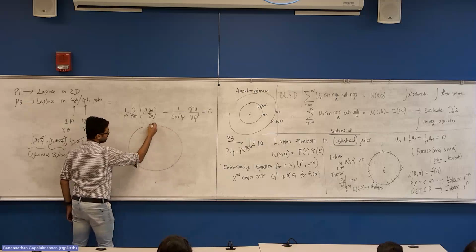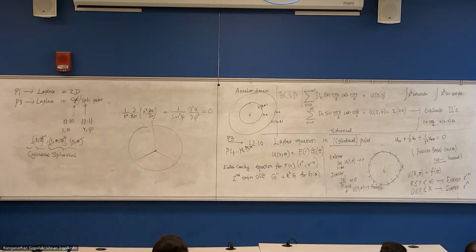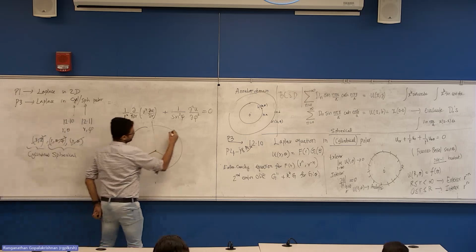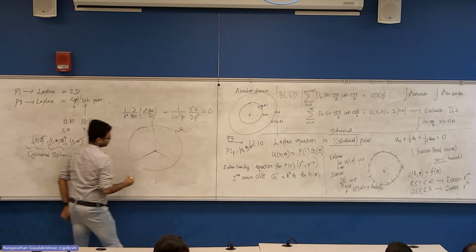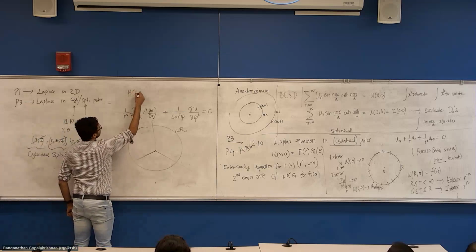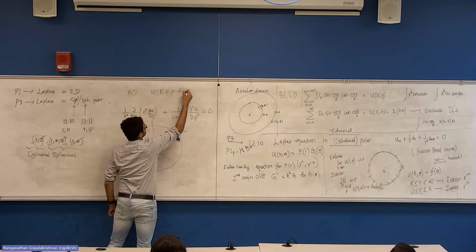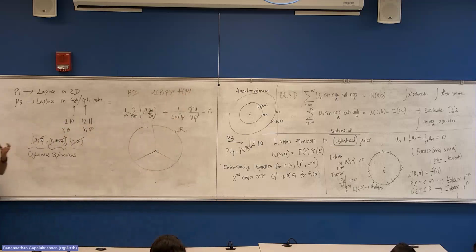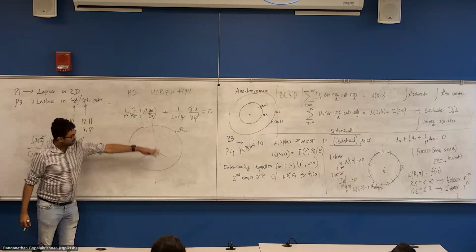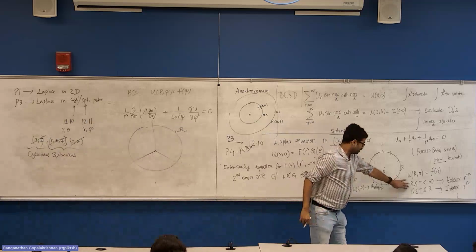I don't have a good way of drawing a sphere. So this surface is defined as r equal to R, and we specify the boundary condition u of R, phi equal to f of phi. So we specify a temperature or a voltage or any scalar quantity on the surface, and the same logic applies for interior and exterior.